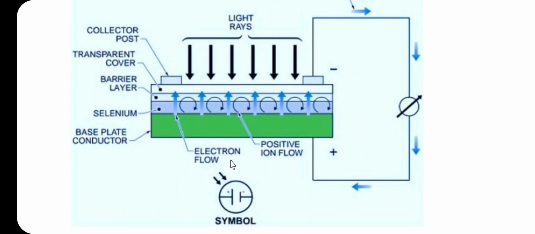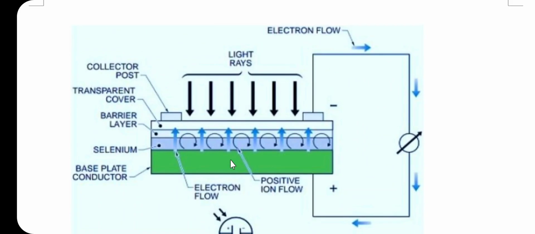So, this is the diagram of the photovoltaic cell. This photovoltaic cell consists of a metal base plate. This is a metal base plate of iron or copper. It is prepared from iron or copper. It acts as one electrode.